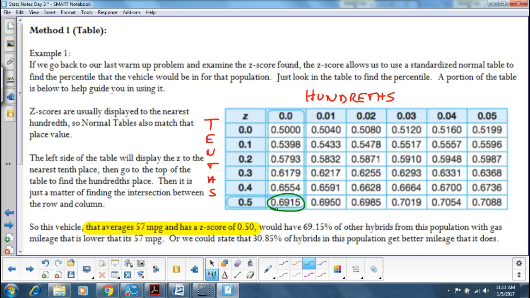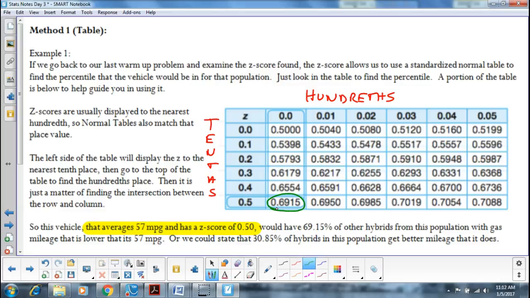So that tells me that, based off of that data, there's 69.15% of the population below that mile per gallon mark. Okay? It doesn't tell me above, it tells me what's below.